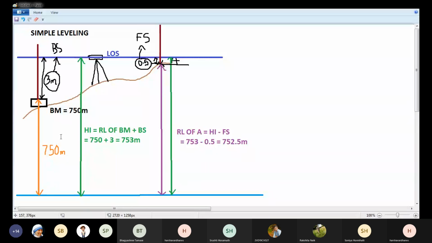So the benchmark is at an elevation of 750 meters. Point A is at an elevation of 752.5 meters. So the difference in elevation is 2.5 meters. So this is simple leveling. You are trying to find the elevation of 1 point, or the difference in elevation between 2 points.